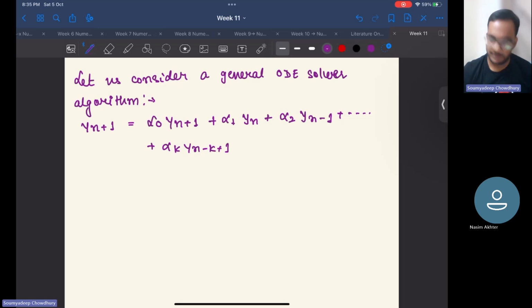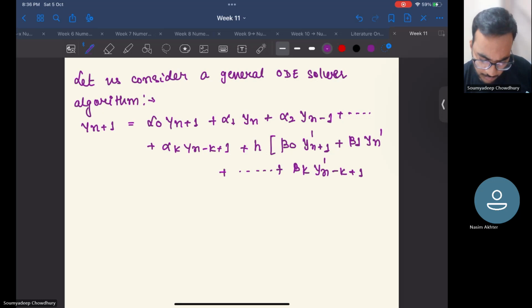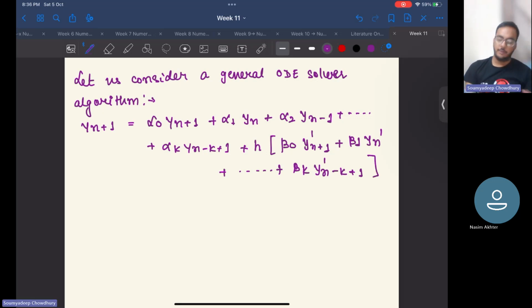Next, we will have the derivative terms, y'(n+1), y'(n) and so on. So this is the general form of an ODE solver algorithm. Many of these coefficients can be zero, so we don't need to care about that, but this is the general form of the equation.